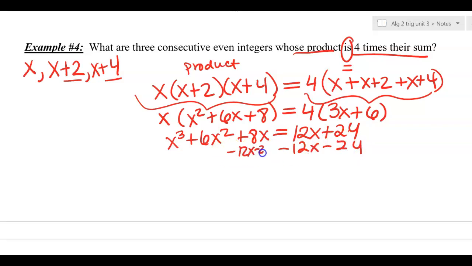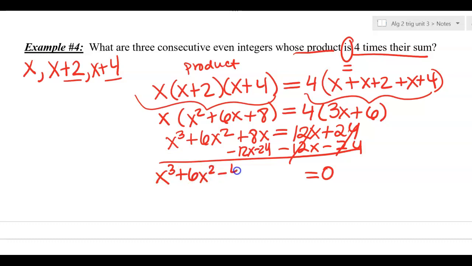So I'm going to cancel out the 12x and the 24 so that I have a 0 on one side and all my other terms on the other side. Pause for a minute to make sure we're okay with the manipulation that I did to this equation. So is everybody okay that I just multiplied stuff out on this side, combined like terms and multiplied on this side, and then brought everything to the same side and combined like terms?